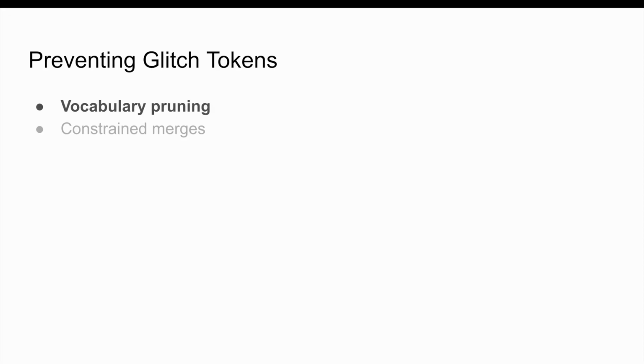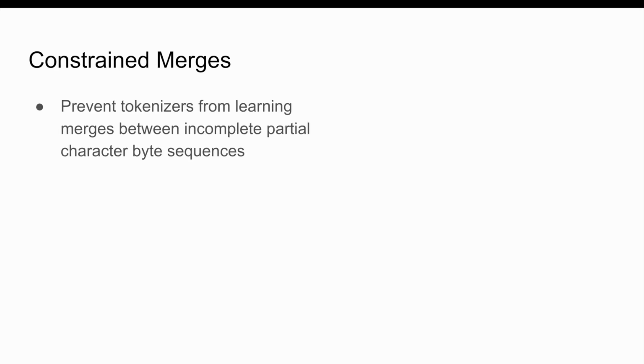So that was the first method for preventing glitch tokens. In the context of vocabulary pruning, I talked about our proposed Picky BPE method. Now turning to the constrained merges approach.